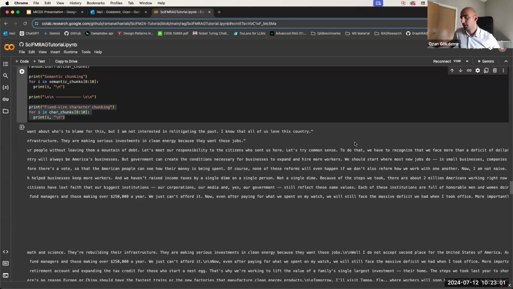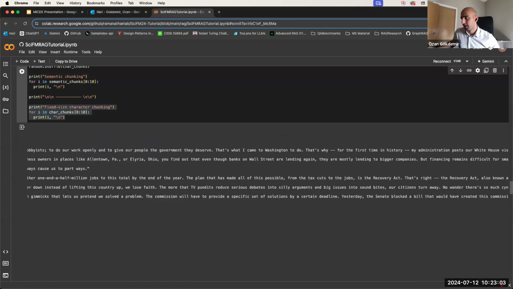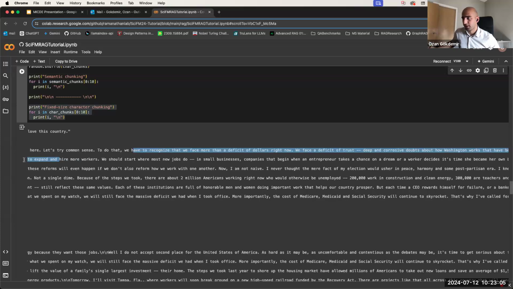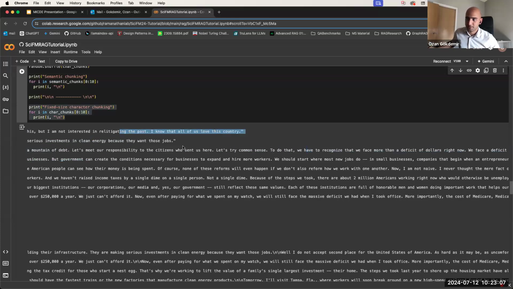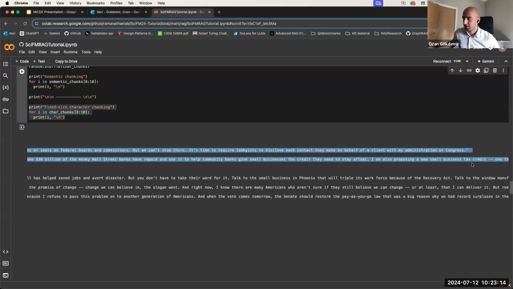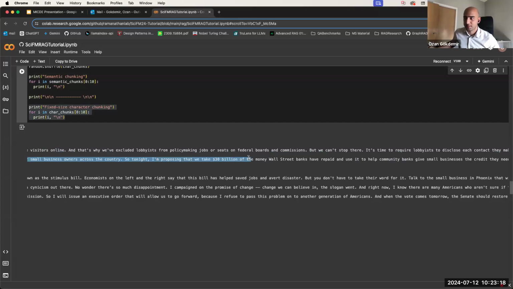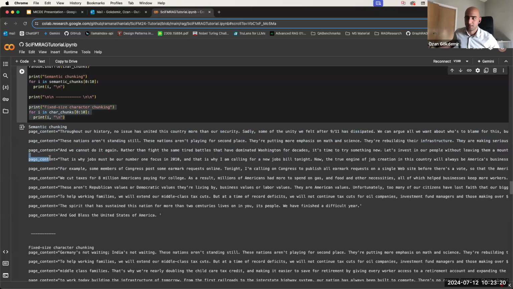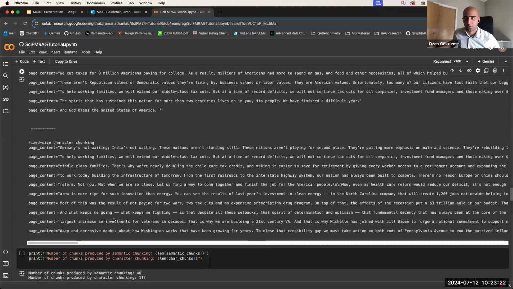Variable length. And honestly, each chunk ends with a full sentence. We won't go into that much detail, but this whole thing is talking about the same idea. That's what you expect from semantic chunking.